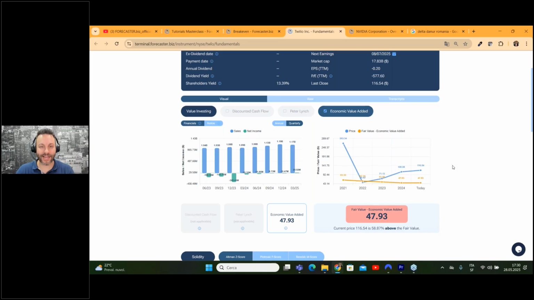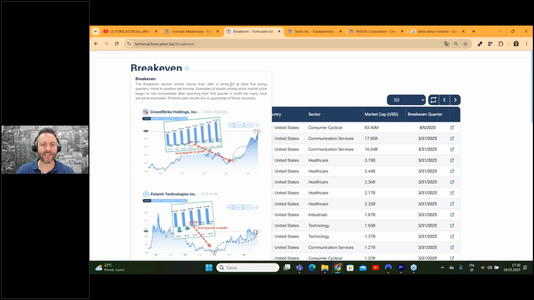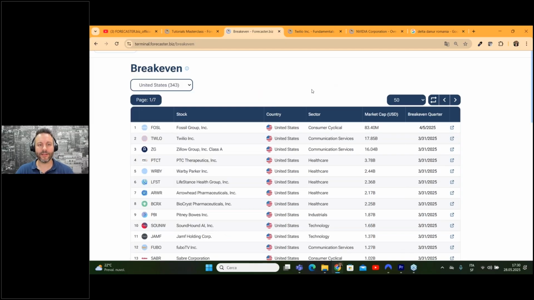And thanks to the forecaster, we know all the companies that for the first time, or at least after a series of 5 losing quarters, go back to profit. This is a very easy tool, but nowadays we have too much data, and it's impossible to do without software that does it automatically.